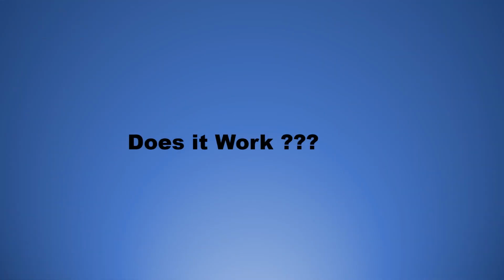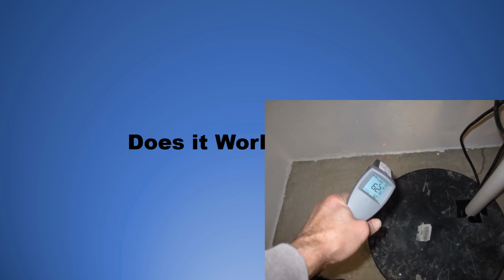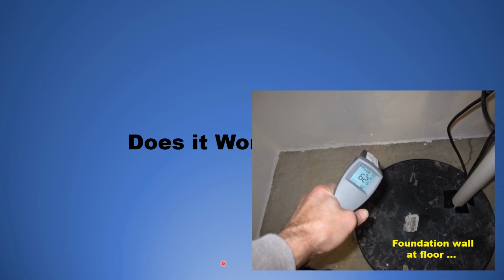Okay, does it work? That question should be on your mind. So let's grab the pointer again here and talk about something. I've got to reveal this is in my house. Look at the temperature on the gun there, all right? This is the concrete floor slab in the basement that transitions to the wall.